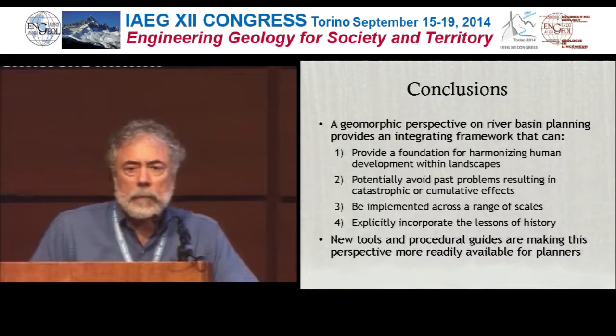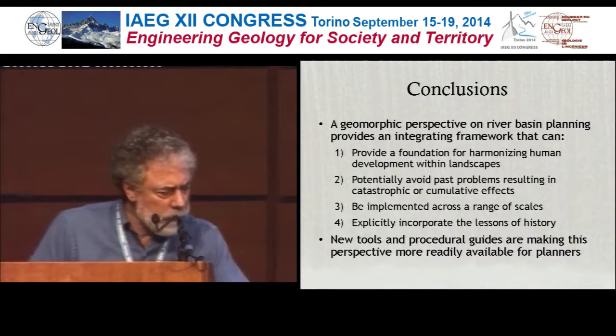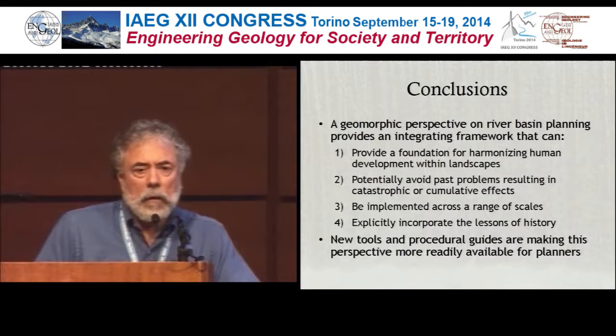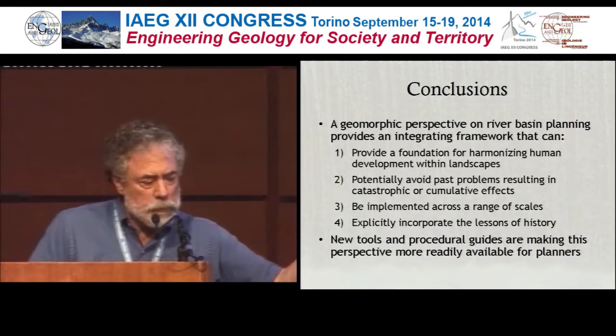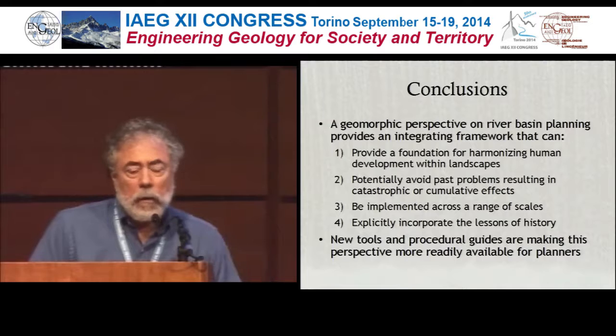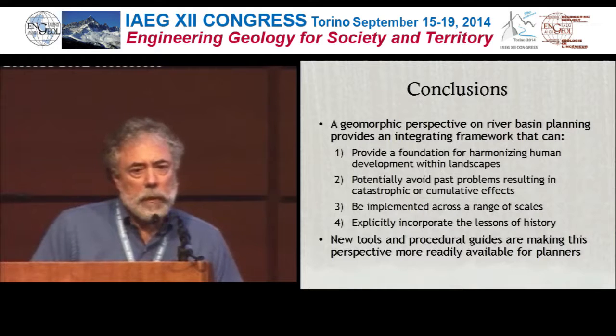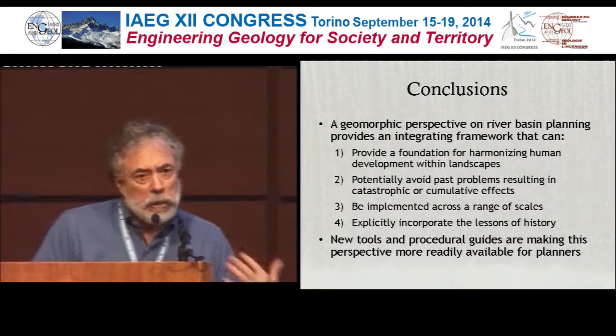It can clearly be implemented at a variety of scales, and it's being supported by a variety of new tools and developments that are helping us further this perspective in our global challenge to manage the world's rivers in ways that can accommodate an ever-increasing population and a changing environment.